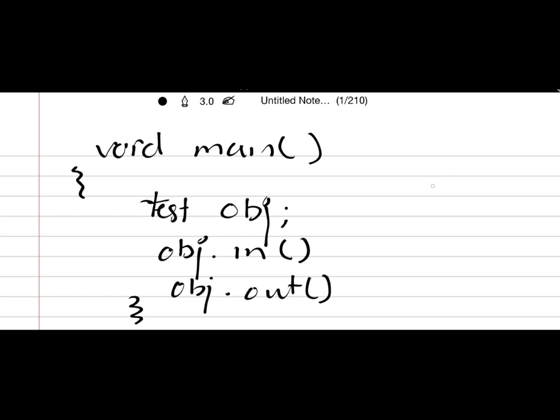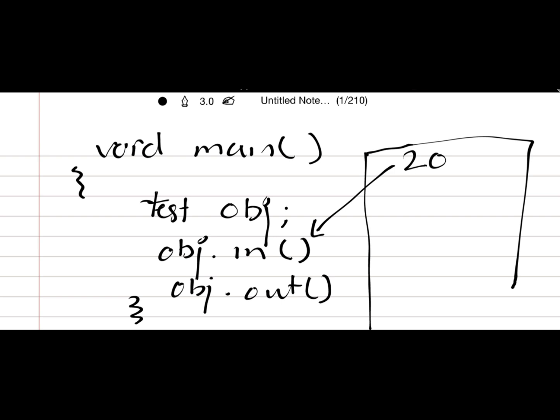Suppose in this program the value 20 is entered. So we actually display 20 through the out function.